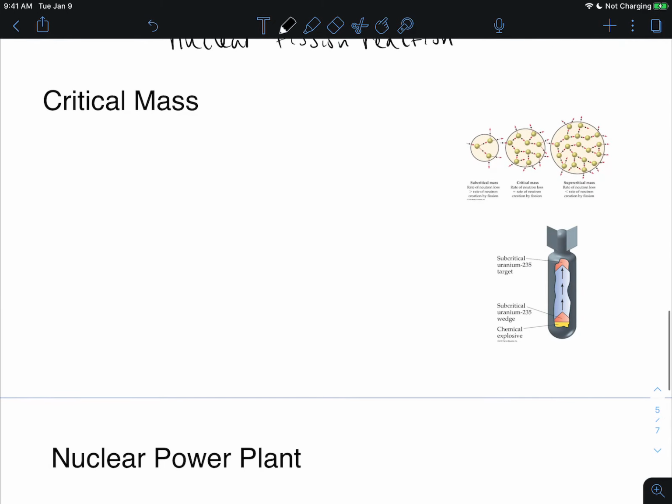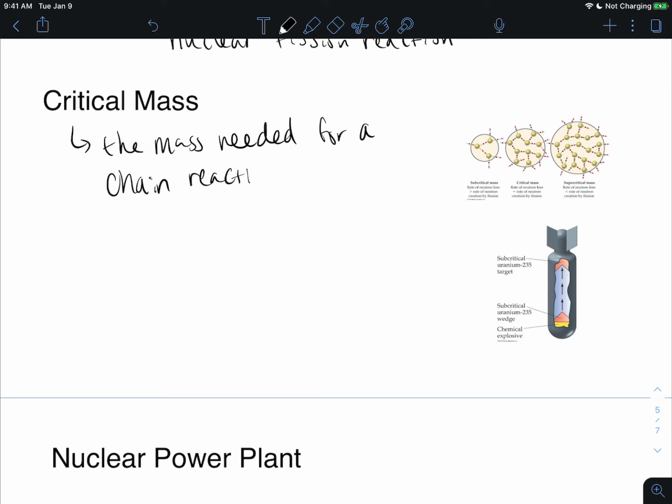Now, we have something that's called the critical mass. The critical mass is the mass that must be available in order for a chain reaction to occur. If we do not have that amount, then we don't have the ability to do a chain reaction.